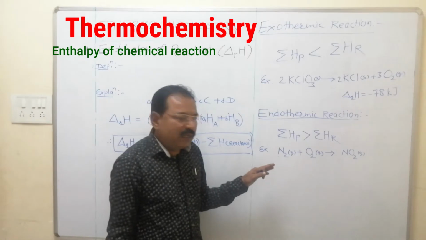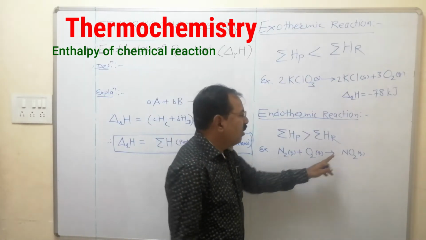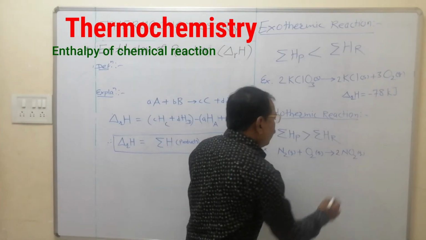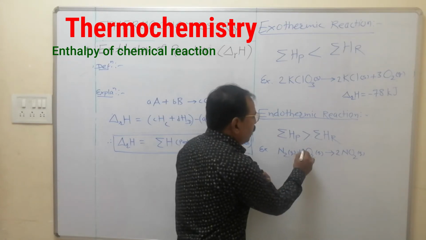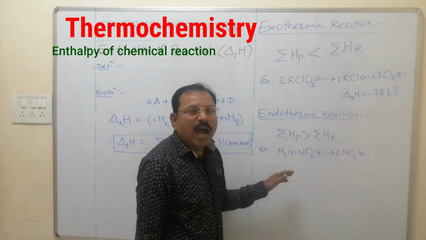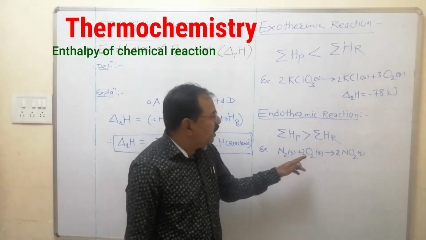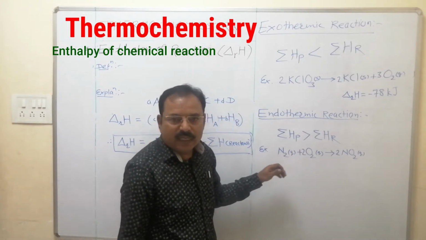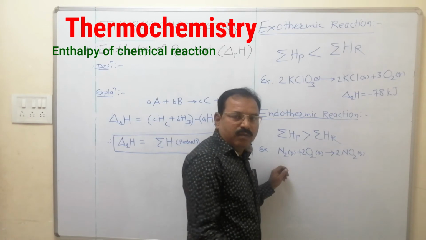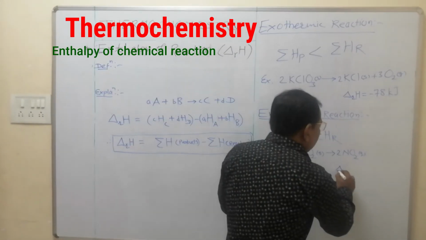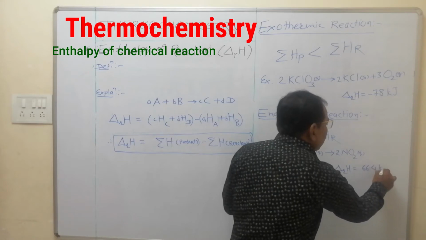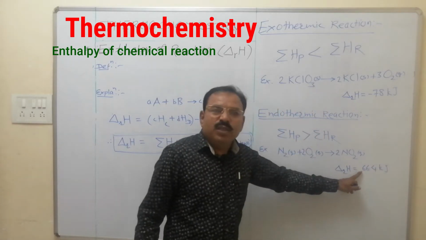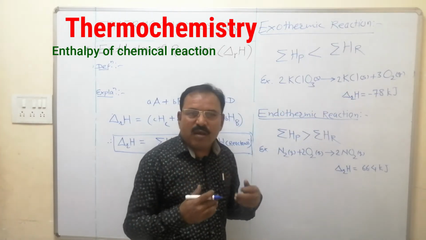Balance the reaction: N2 plus 2 O2 gives 2 NO2, and its change in enthalpy of reaction is 66.4 kilojoule. The enthalpy of reaction is equal to 66.4 kilojoule. This is positive because heat is absorbed.